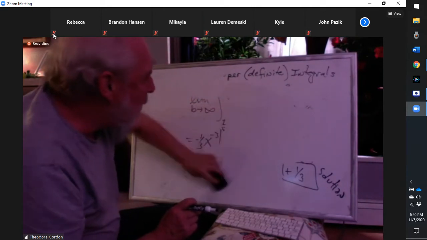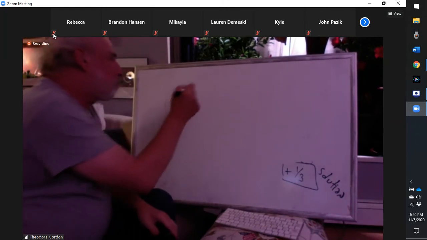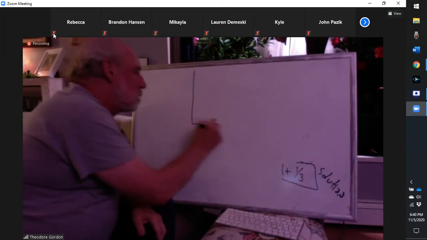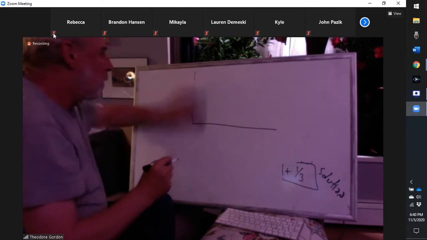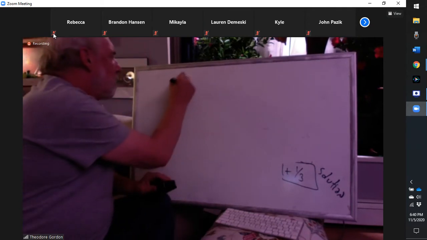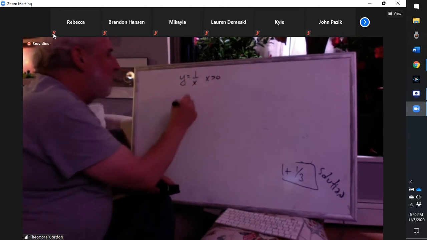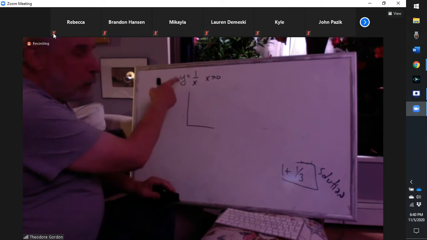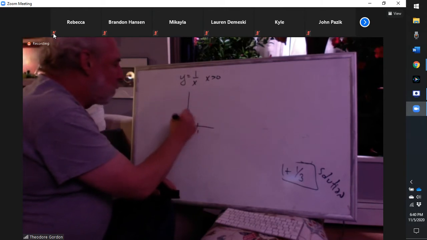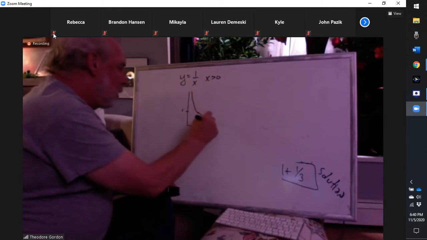Here's one way to interpret this. Well, first of all, before I do that, if x is bigger than 0, the graph of y equals 1 over x looks kind of like that, right?